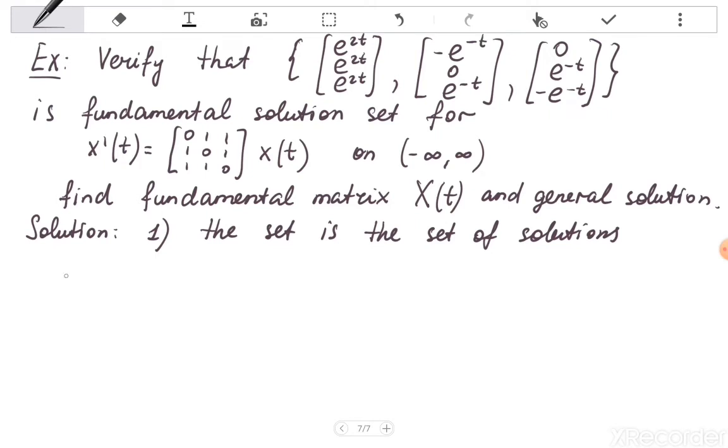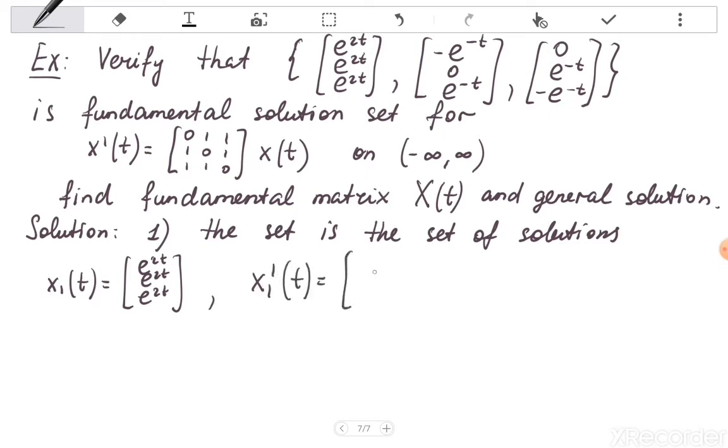Let's do this. For the vector x1 of t, which is e to t, e to t, and e to t, x1 prime of t is 2e to t, 2e to t, and 2e to t. So this is the derivative, the left hand side, and let's calculate the right hand side.